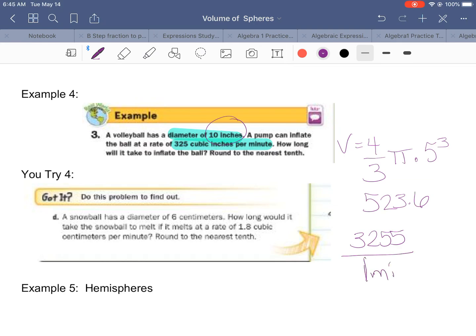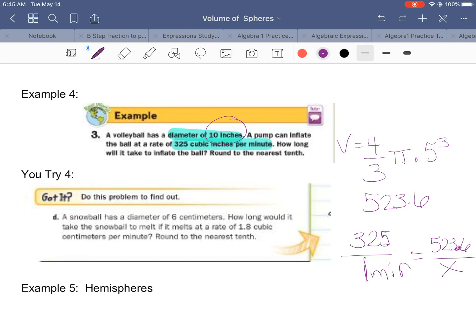It's 325 cubic inches. So a pump can inflate the ball at a rate of 325 cubic inches per minute. So if our volume is 523.6, how long will it take to inflate ours?